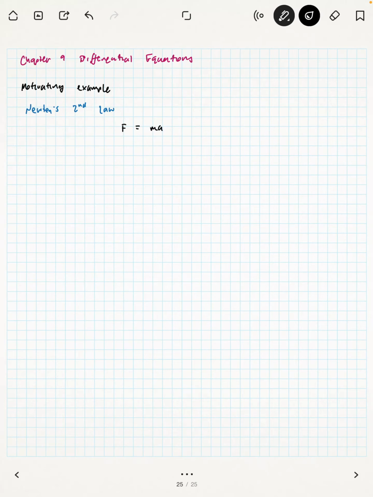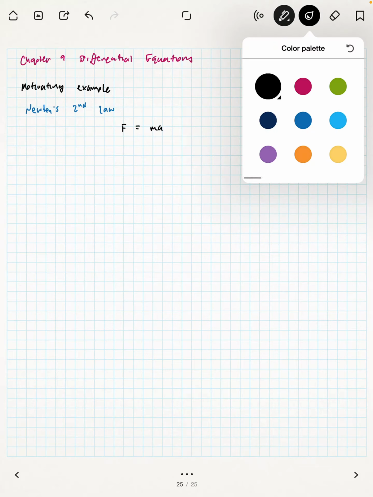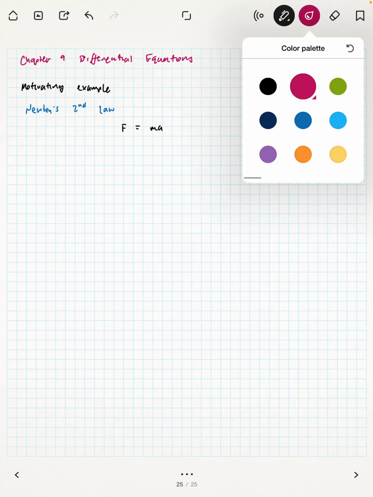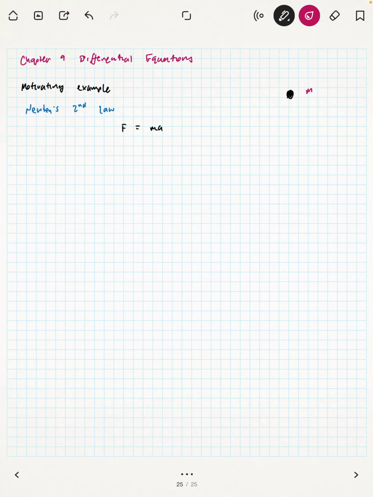Okay, so it's directional. We're not going to focus on that right now, but really what you want to think is our prototype here will be a ball that's being dropped off the side of a building. And so that ball has mass, right? Maybe it's 10 kilograms, 15 pounds, whatever you want to call it.